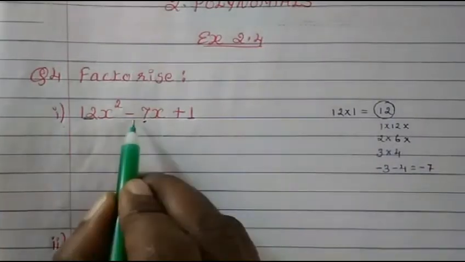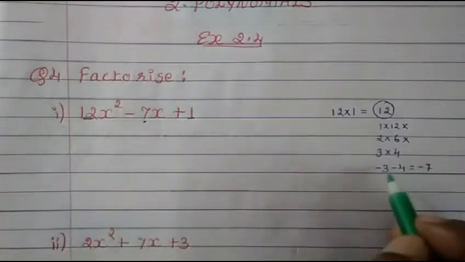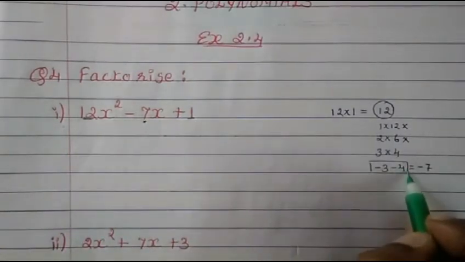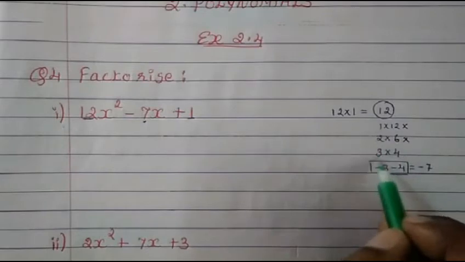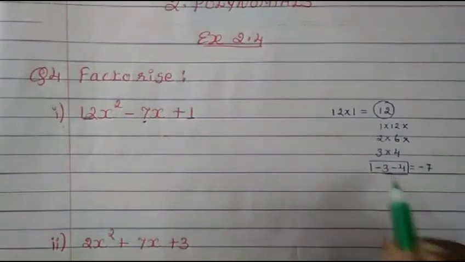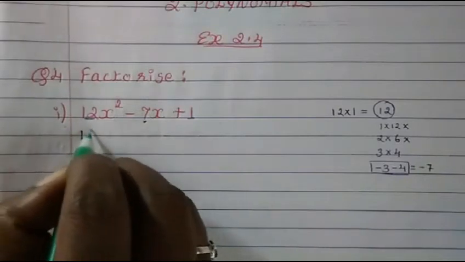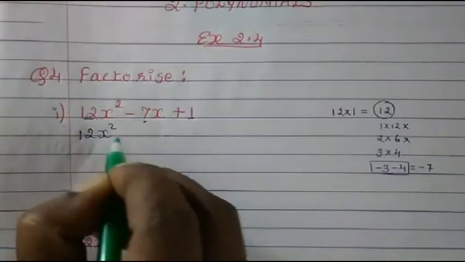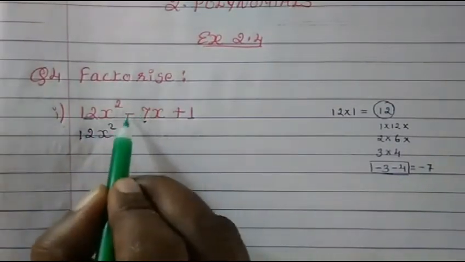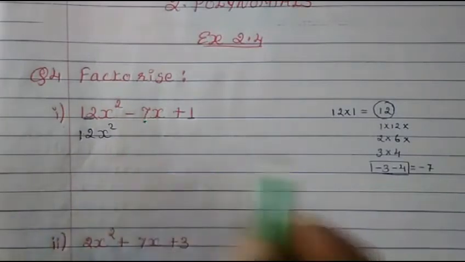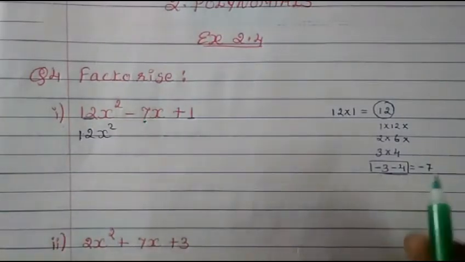So finally we got minus 7 here. We will take these 2 numbers. So we write 12 as it is, then instead of minus 7, we take minus 3 and minus 4.